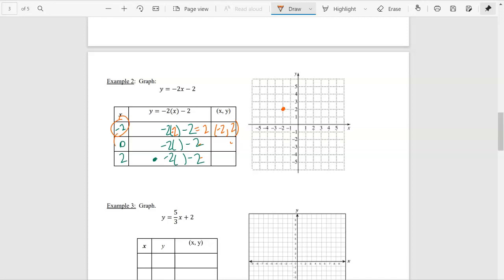Okay, we're going to plug in a 0. So -2 times 0 is 0. 0 minus 2 is -2. So when we plugged in a 0, we got -2. So 0, -2.